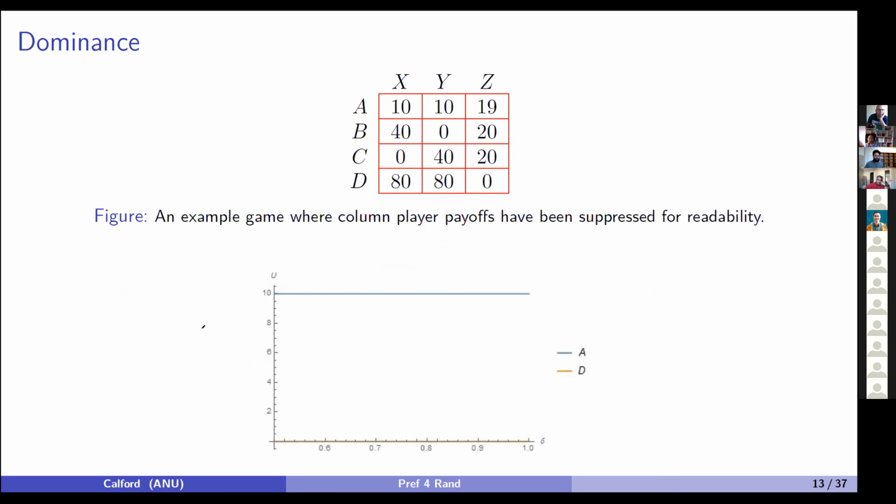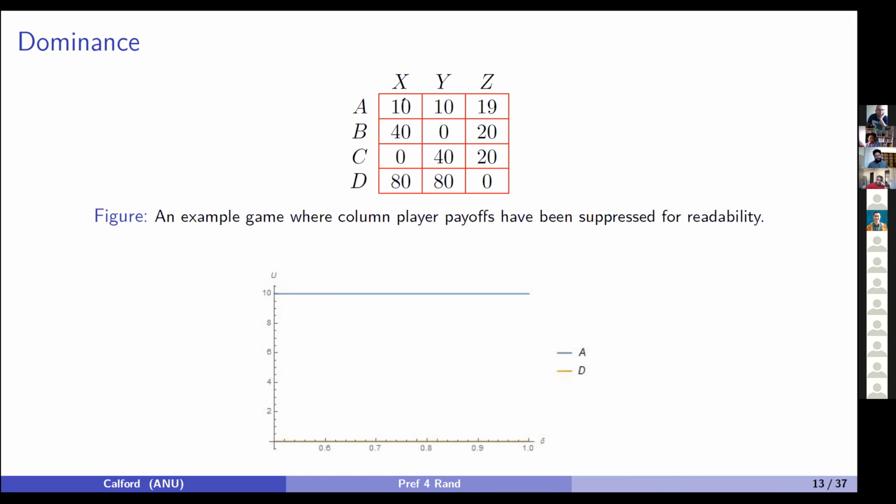So now I'm going to show you a graph of the utility of some various strategies as a function of delta on the x-axis and utility on the y-axis. First of all, I laid out the utility of A, and this is under an assumption that I believe that my opponent will play anything. So I have full uncertainty about my opponent's strategy. I'm taking one particular belief, that belief of pure uncertainty, and showing you the utilities for that.